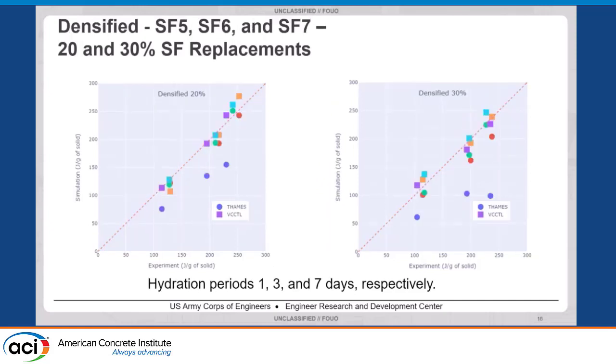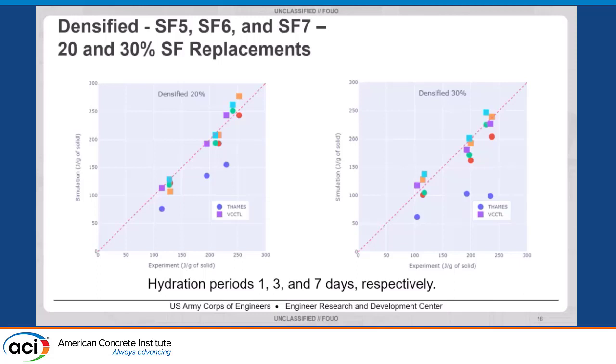But when we move on to 20 and 30% SF replacement for the densified samples, we are seeing that the spheres are split from the 35-degree line, right? So they are not showing a perfect line anymore. But you know, we saw that earlier, SF5 is exceptional.